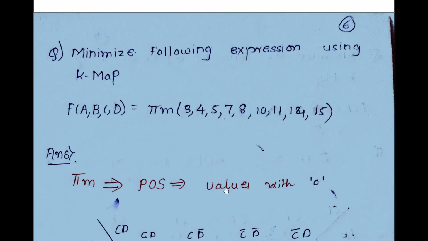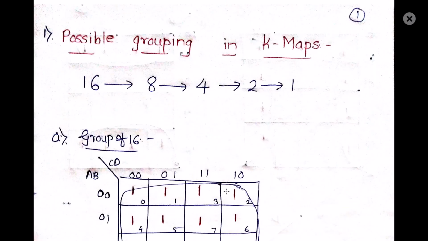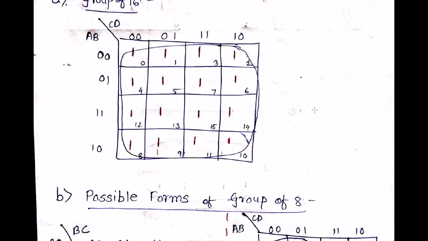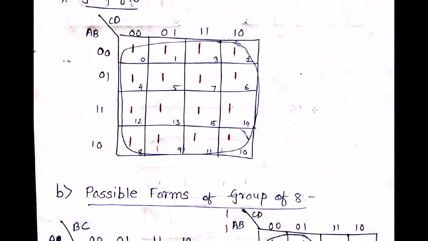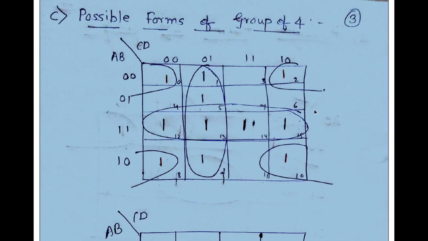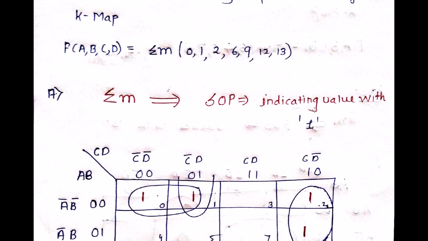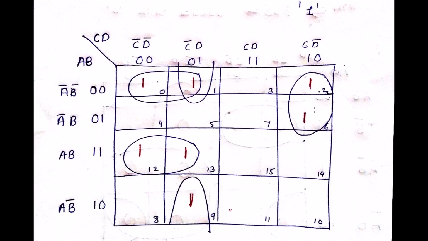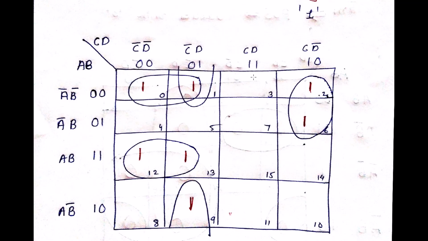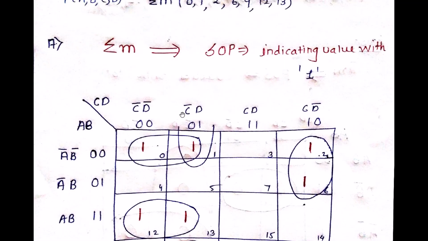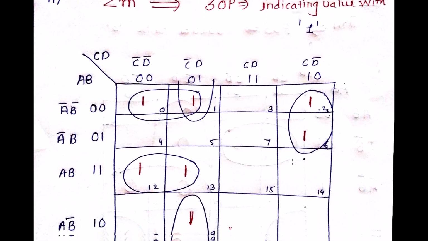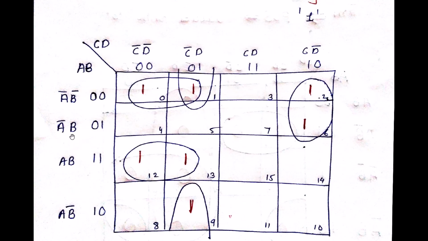What is very important in this part is you have to first understand how the grouping is done. The grouping is done in priority of 16, 8, 4, 2, 1. How to do the grouping I've told you. 16 is very simple. For 8, 4, 2, when a summation of m is given, it is SOP. So we are going to first of all indicate all the values given over here in the form of 1, and 0 will be bar, 1 will be no bar.